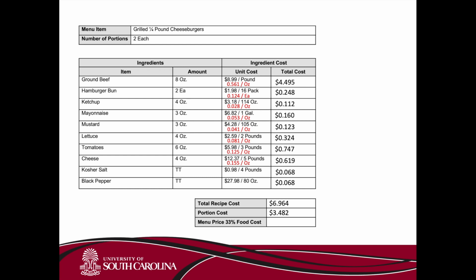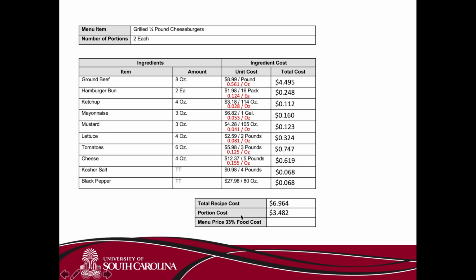It goes to everything else, plus your profit, okay? So we generally assume that if we can run a 33% food cost, keep our labor cost in line, and keep our overhead cost in line, then we will be able to have a profitable business.